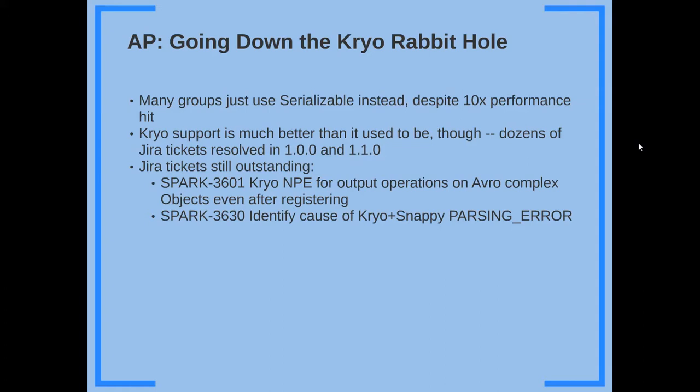Now, just to back up here, what am I talking about with Kryo? So in Spark, everything has to be serializable. You're instantiating objects, you're sending them out over the wire to worker nodes. Everything has to be serializable.